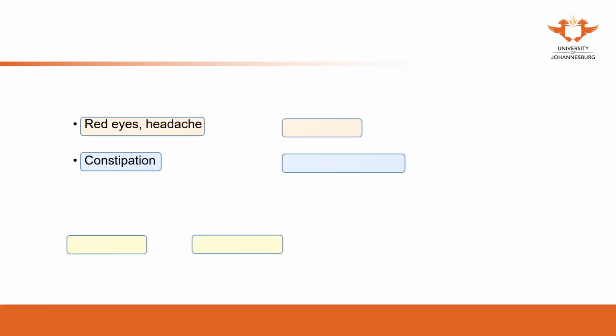Patients suffer from red eyes, headache, and in the meantime, the patient suffers from constipation. So when you see these symptoms, you can conclude that the patient suffers from lung heat and large intestine heat. These two. You might remember that in the previous slides we discussed one herb called 带黄.